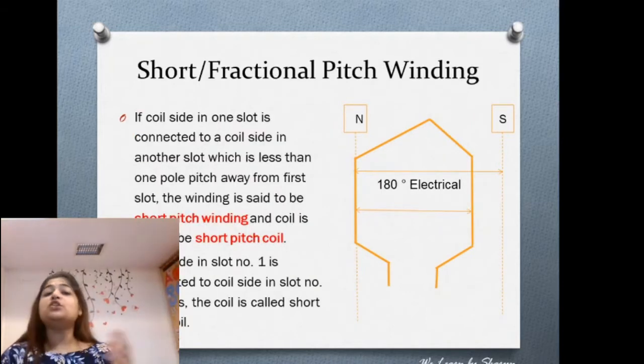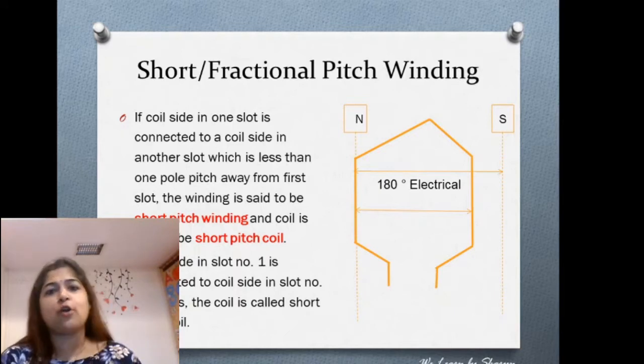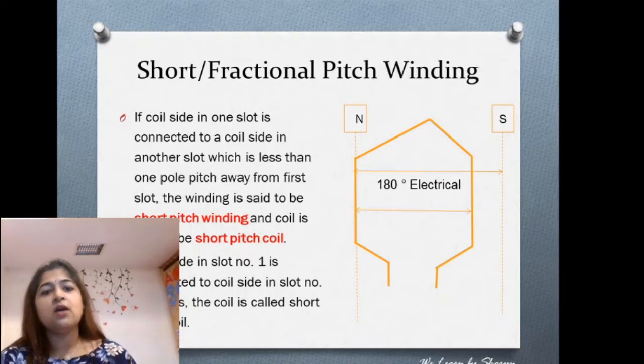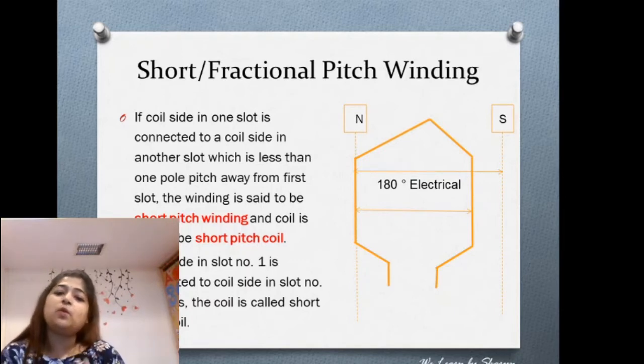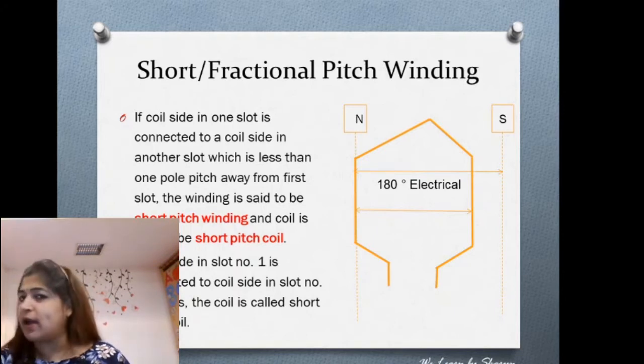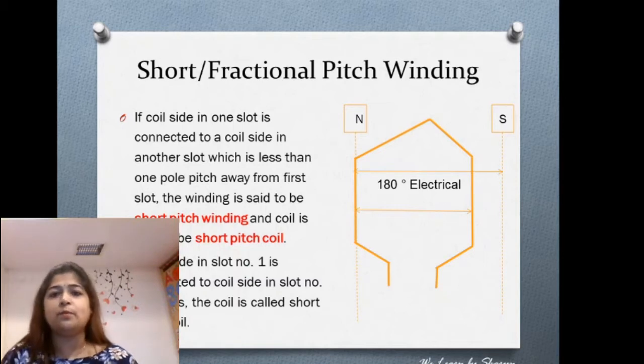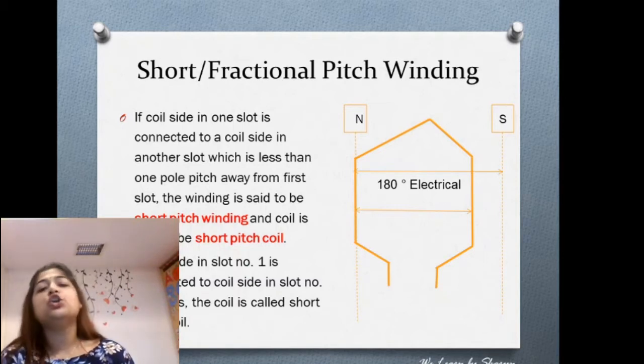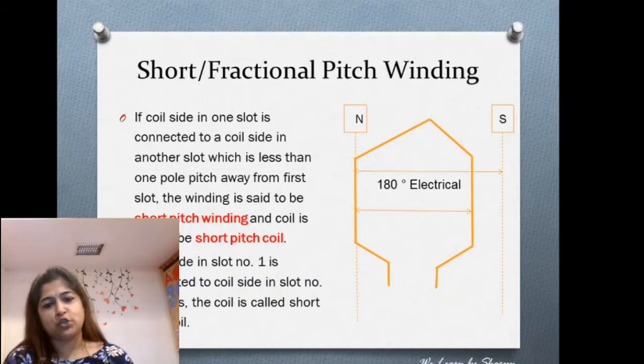Okay, then what is short pitch winding, also called fractional pitch winding? If one coil side is kept in one slot and the other coil side is kept in a slot which is not 180 degrees apart, which is not one pole pitch but lesser than one pole pitch, then it is called short pitch winding or short pitch coil.